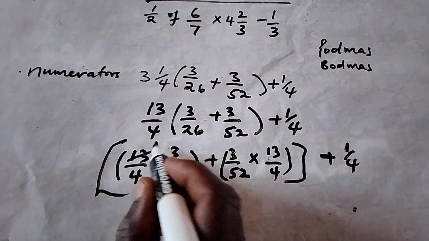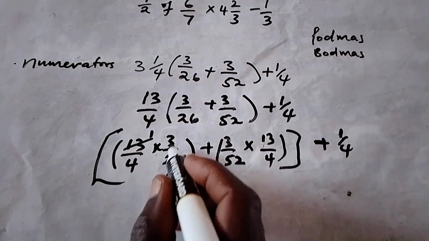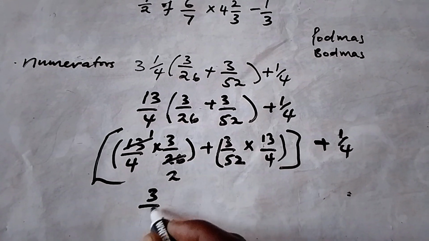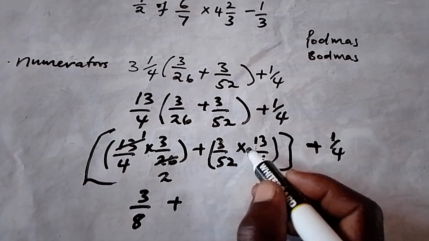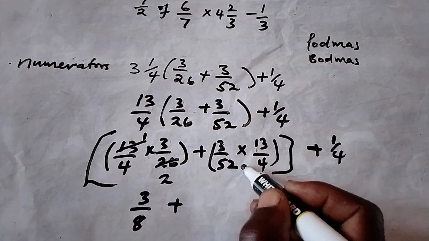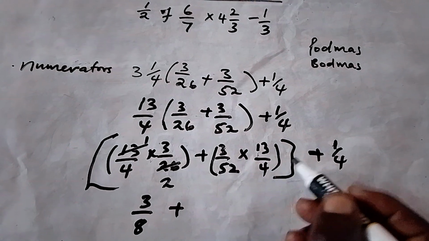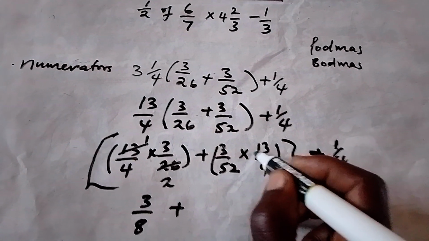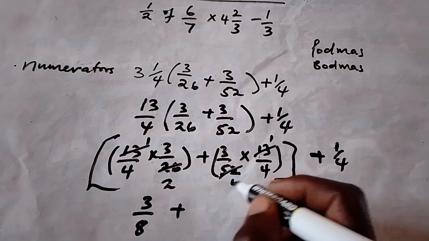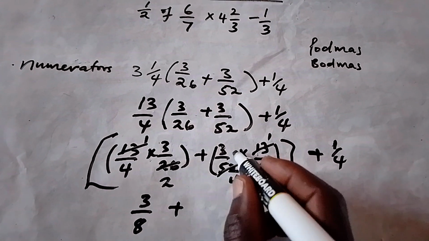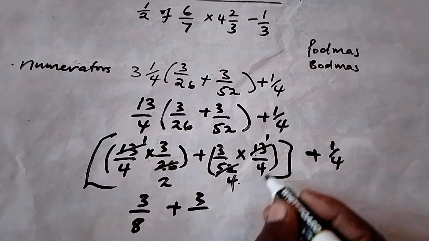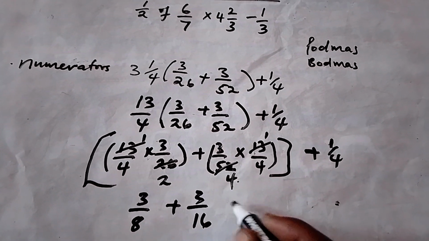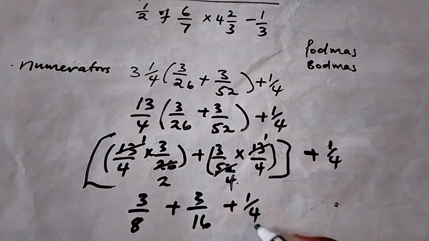So by 13, 1 by 13, 2. So here we are left with 3/8, then plus 3/52 times 13/4. We have by 13, 1 by 13, 4. Again we are left with 3 times 3 over 4 times 4 is 16, then plus 1/4.